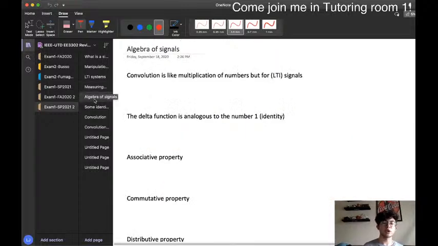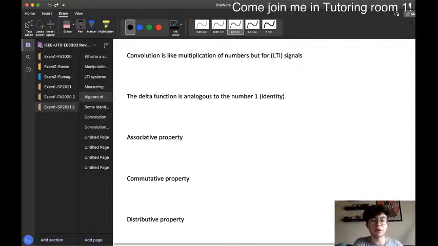One thing I like to talk about, especially when we start doing problems, is algebra. One thing that's useful for solving problems is that convolution is very similar to multiplication of numbers. Essentially what I mean is that it satisfies a lot of very similar properties as multiplication.